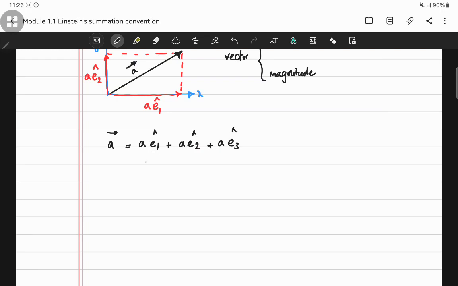Okay, so this gets back to x, this is in the direction of y, and this is in the direction of z, of course. So using the summation convention, you can rewrite this as a e_i, for example. You have to take care that a here is a vector.